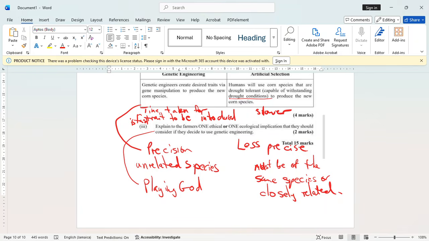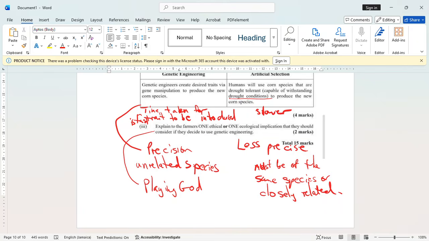So if you don't have it, you're going to have a problem in terms of food security. But the ethical thing about it is that with taking out the gene from one organism and putting it into another, especially across species, they're saying you're playing God.